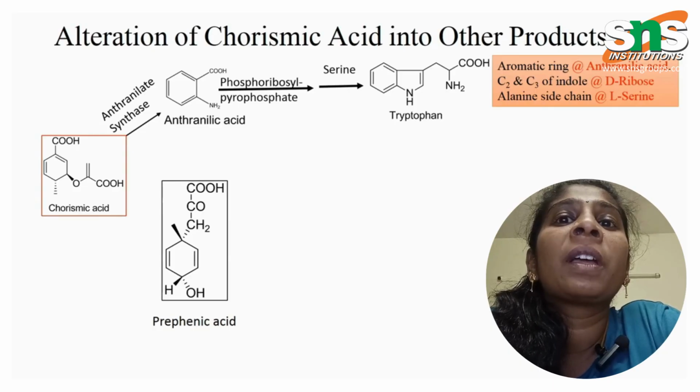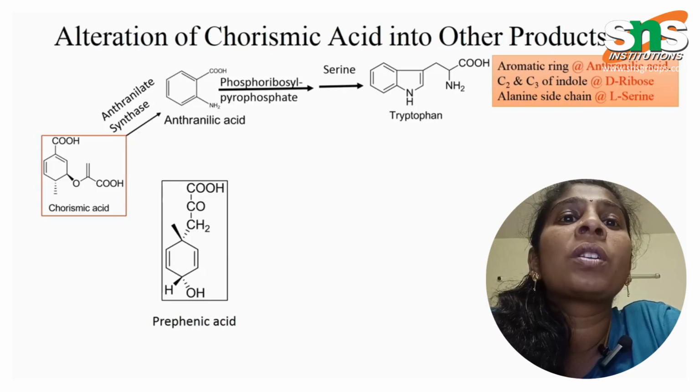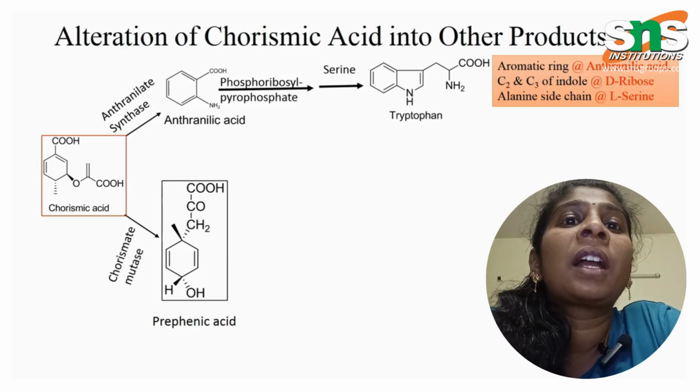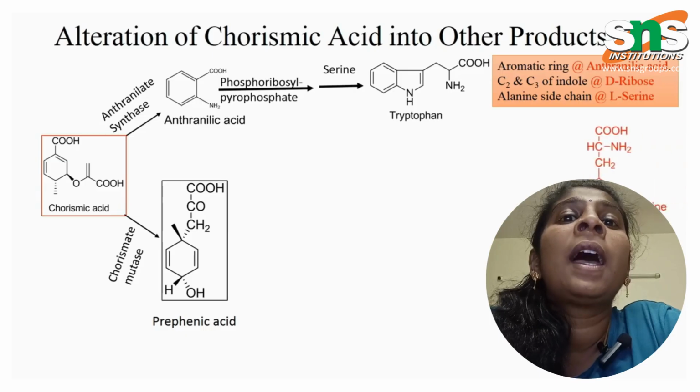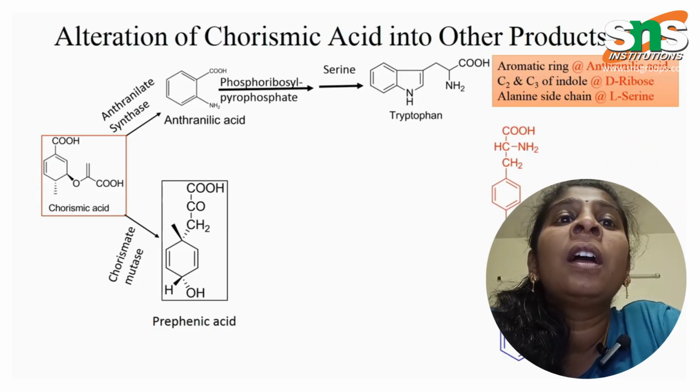Now coming to the prephenic acid, the enzyme chorismate mutase converts chorismic acid into prephenic acid. Prephenic acid is the precursor for tyrosine and phenylalanine.